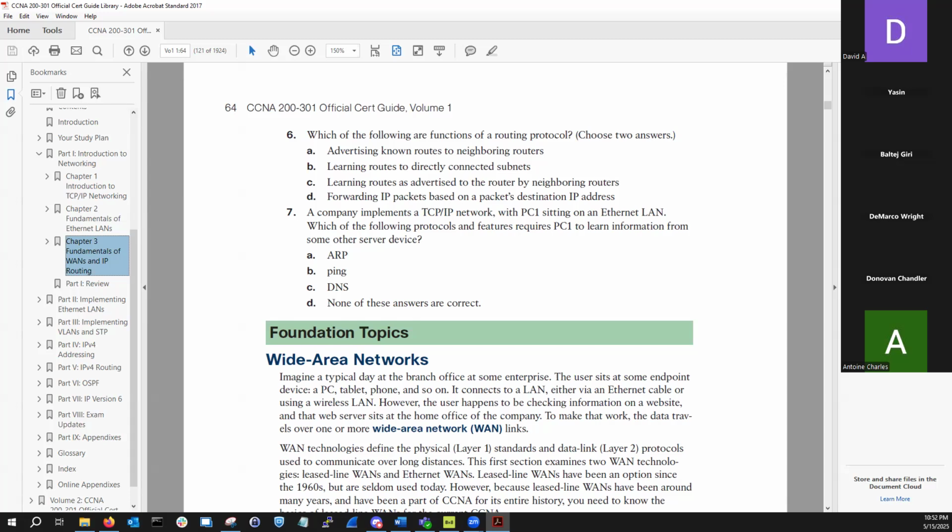If I'm using the Domain Name System, aka DNS, am I reaching out to a DNS server? Yeah. Can I learn information from this DNS server? Believe so. So that's a potential correct answer, right?